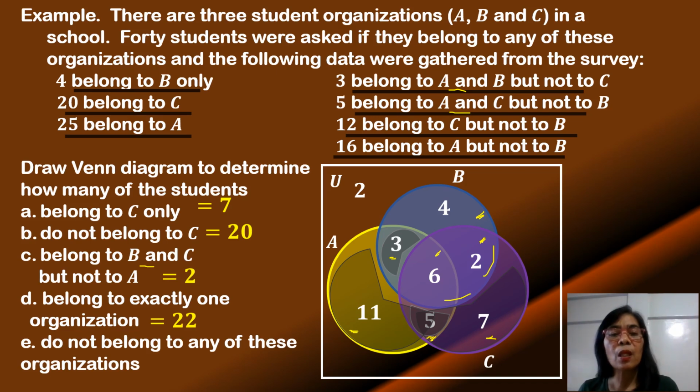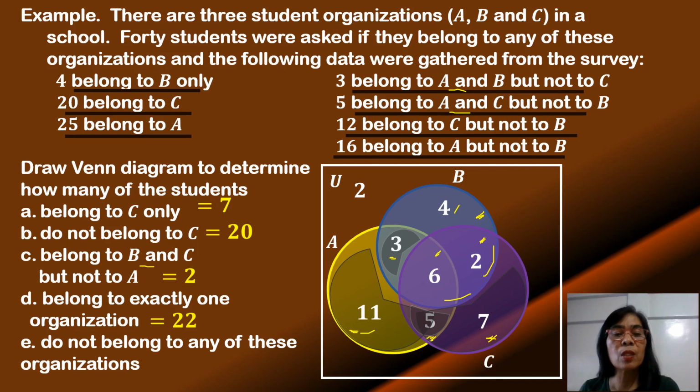Then next, how many students belong to exactly one organization? So we look at those number of students who belong to one organization only. We have here 7 plus 11, that's 18. Plus 4, we have 22 students belonging to exactly one organization.